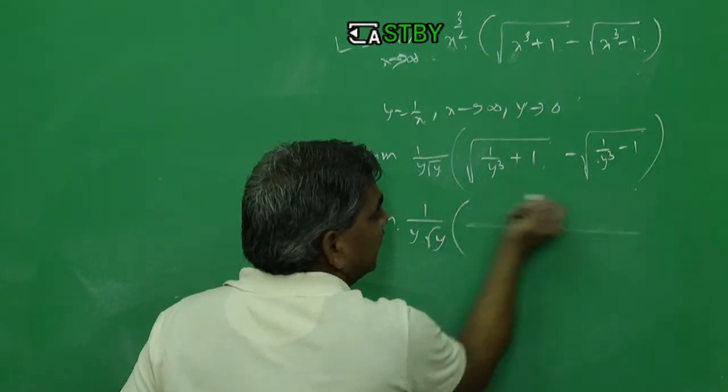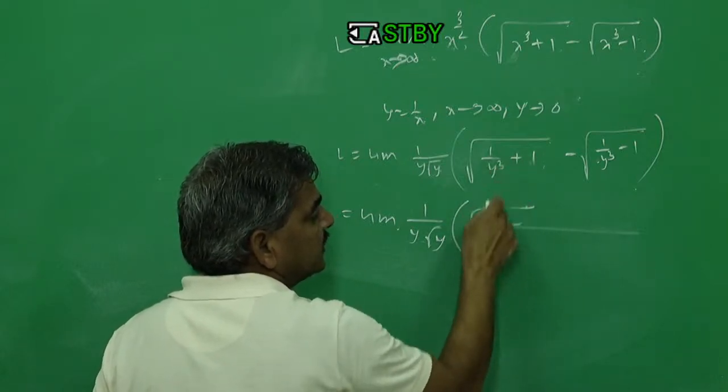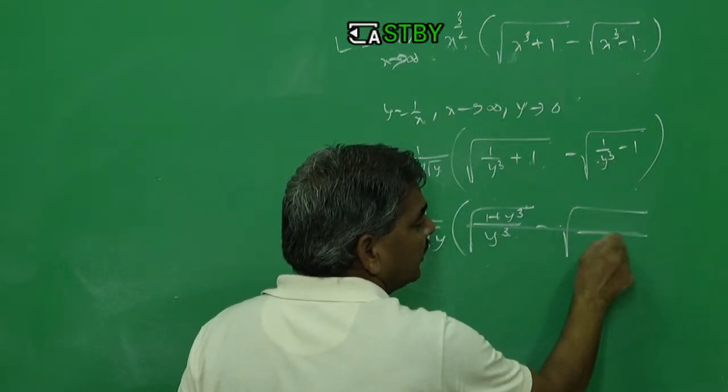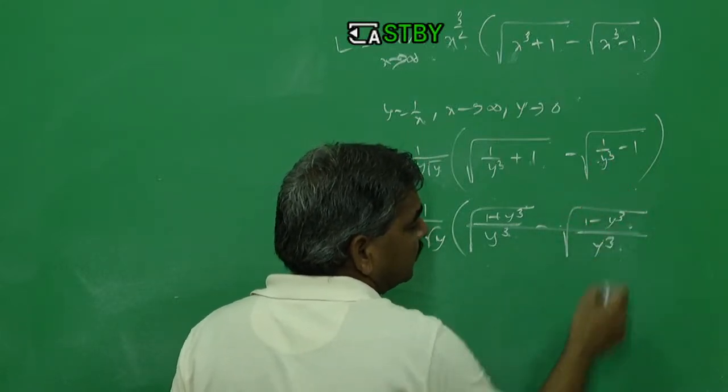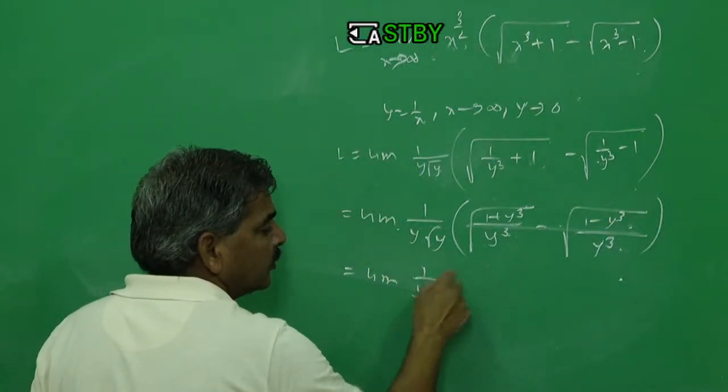Here this quantity is equal to, take the LCM, y cube is the LCM, numerator is 1 plus y cube minus, once again take the LCM, y cube is the LCM, 1 minus y cube. Okay, so this is equal to limit of 1 upon y root y.